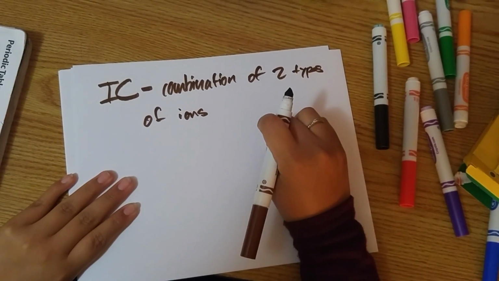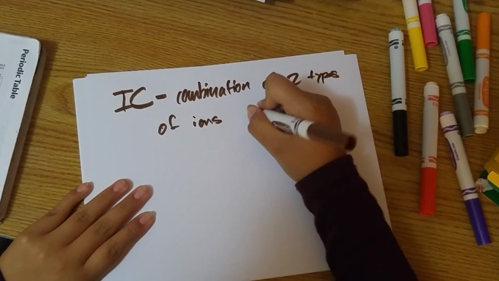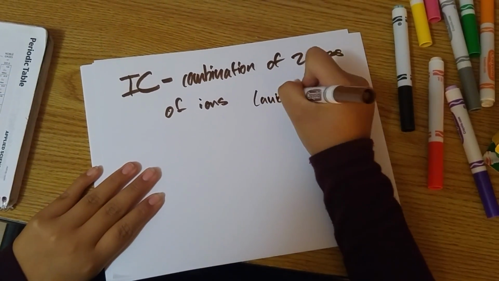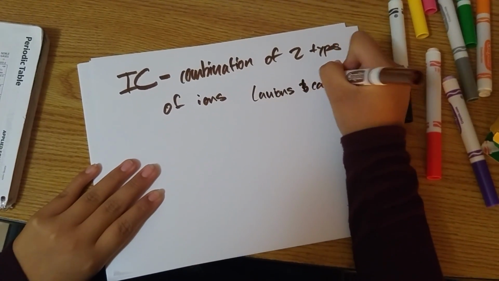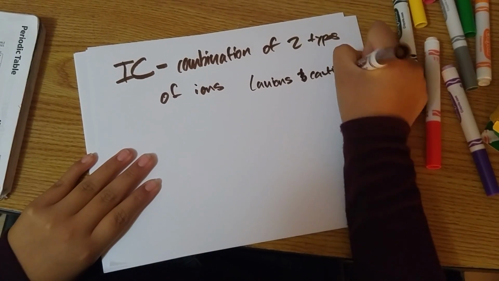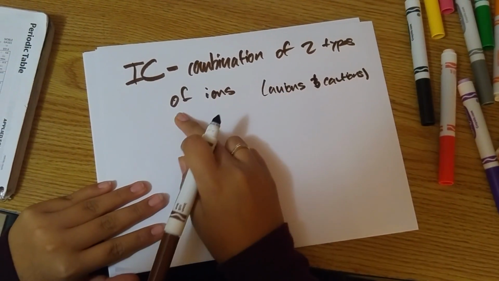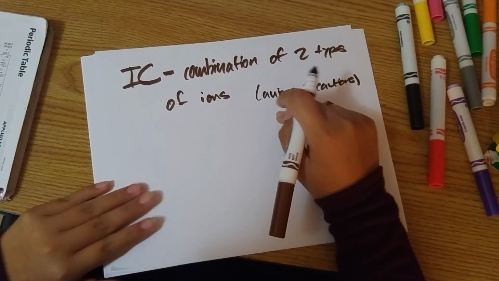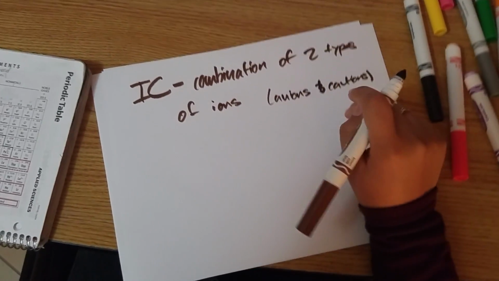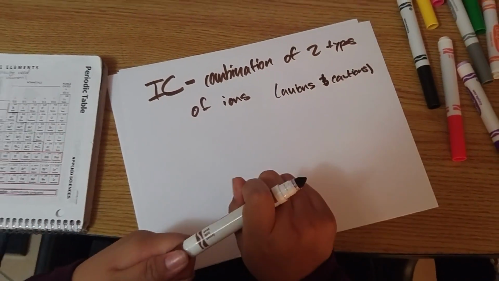For this example, we'll use anions and cations, which we just learned about previously. In order to do this, we'll need the charge of each ion, which is why we'll need the periodic table.